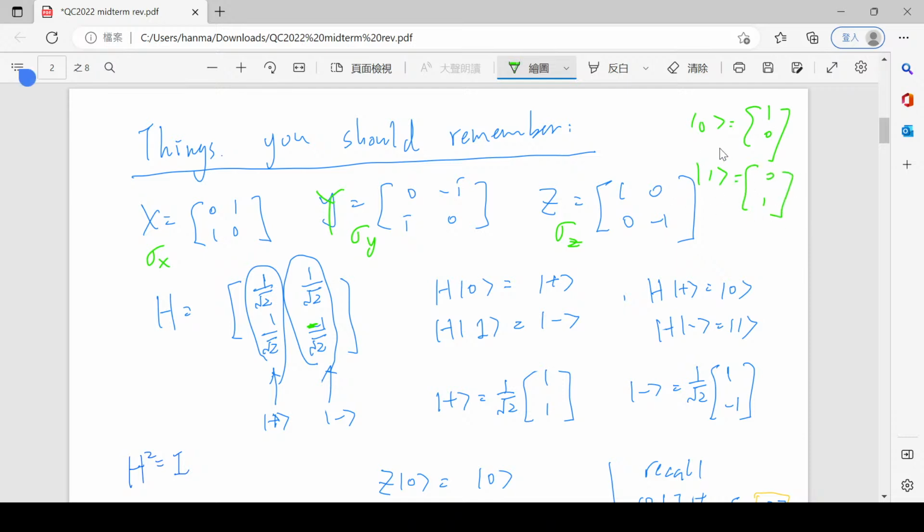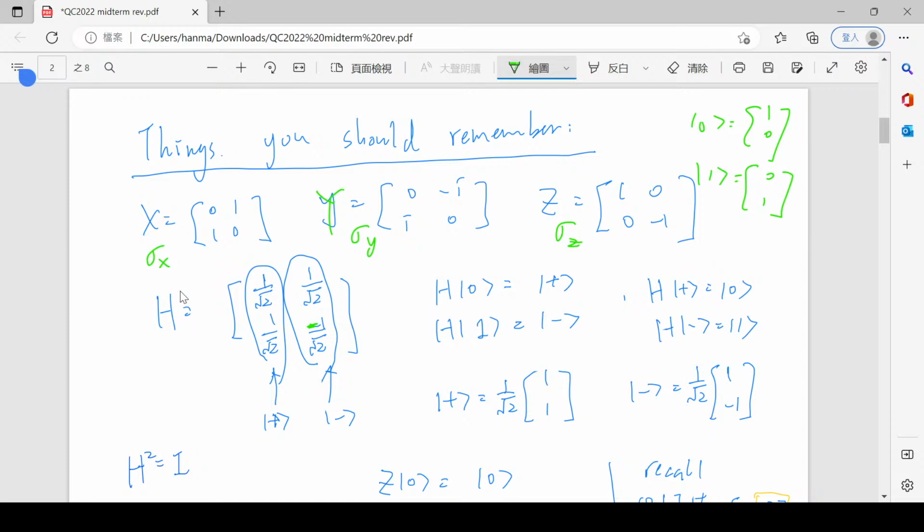And the eigenvectors of X are plus and minus. The plus is 1 over square root 2 times (1, 1), and the minus is 1 over square root 2 times (1, minus 1).